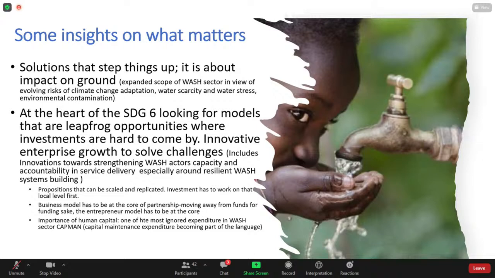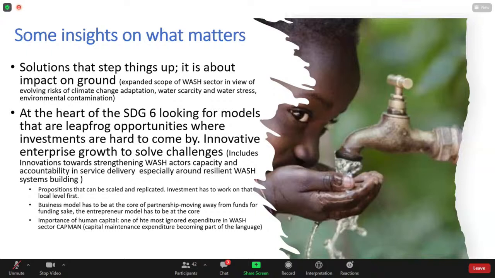So essentially, we are saying that it is important that moving forward, we should look at ways in which engagements would be more around business models and moving away from funds for funding's sake, like the grants that we invest in communities, but without adequate support or linkage with the local markets to sustain those over time.